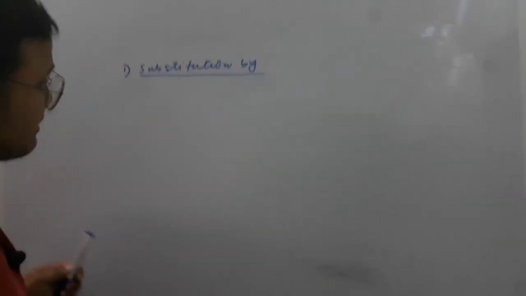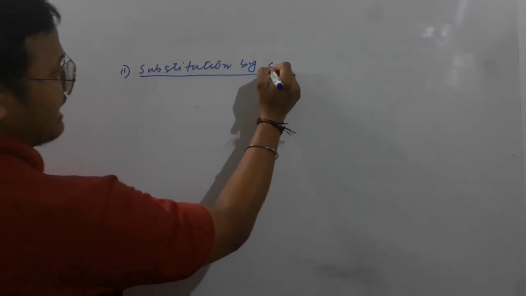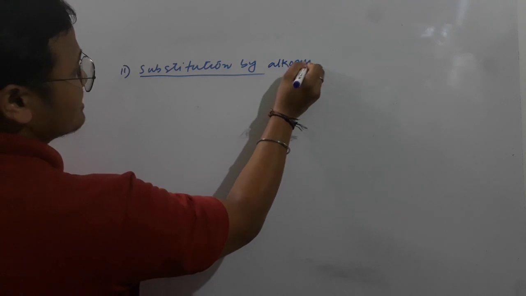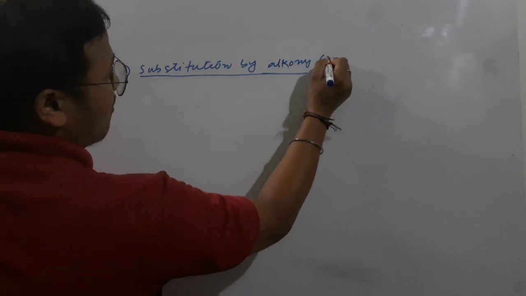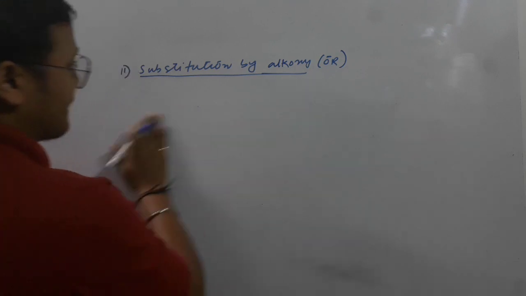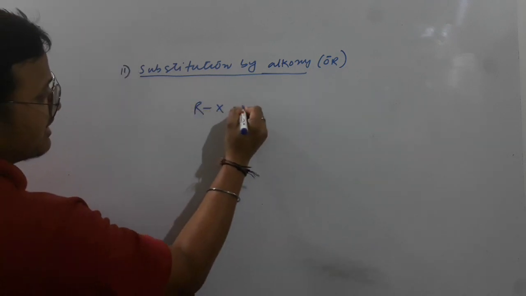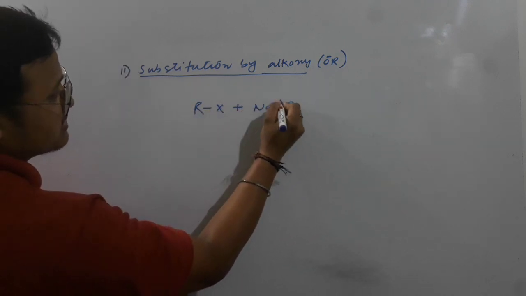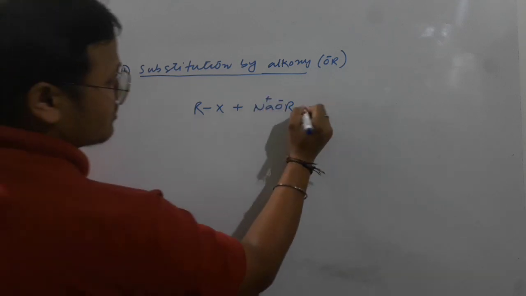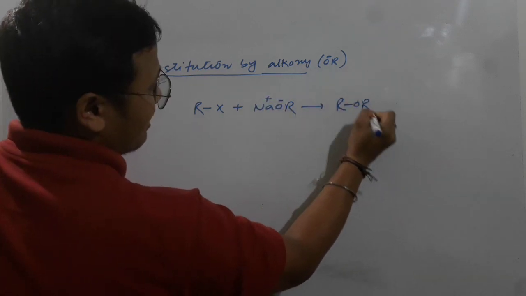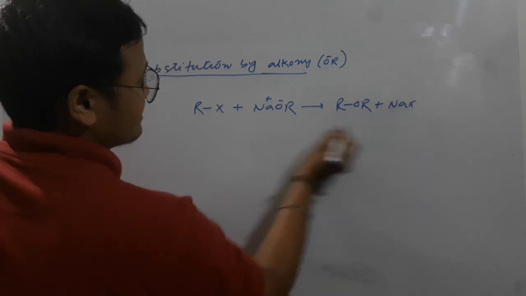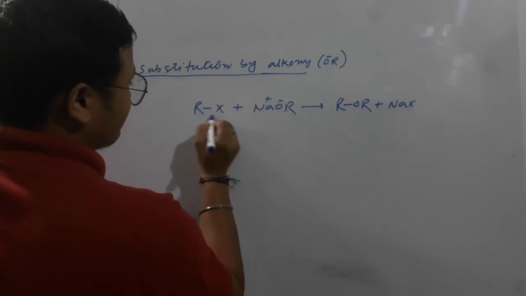Next, consider substitution by the alkoxy group, and earlier it was hydroxy. Alkoxy means OR negative, this group, right? So what we can do is react with sodium alkoxide. It will give us ROR, an ether type of compound, plus NaX. This negative will come and attack here, and the positive will go there.